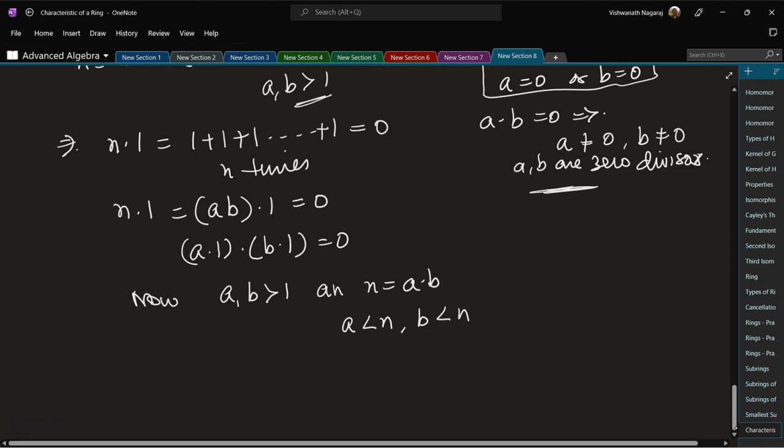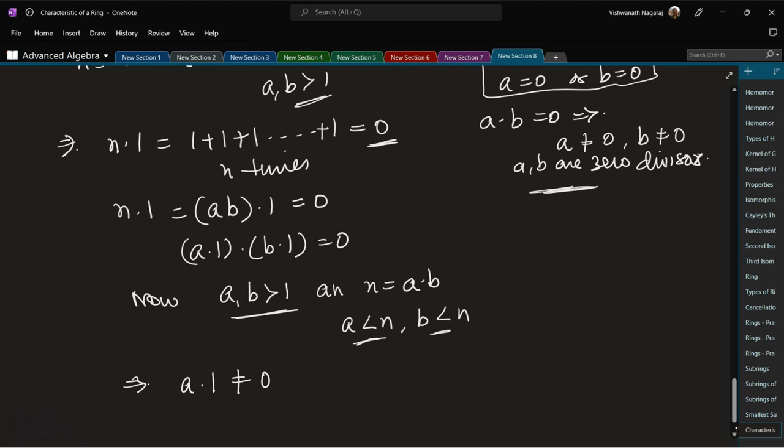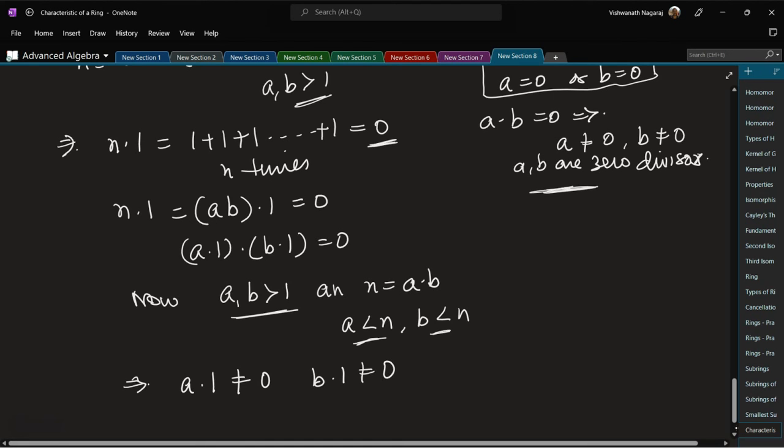So since they are greater than 1 and less than n, that implies A times 1 is not equal to 0, because if it was n, it would have become 0. But here both A and B are less than n. So A times 1 is not equal to 0 and B times 1 is not equal to 0.